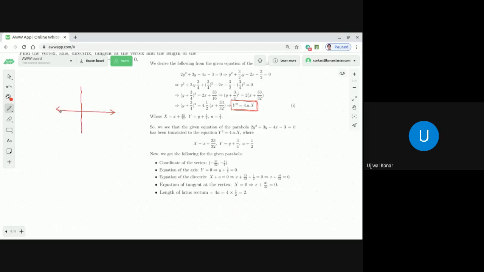As if this is our positive capital X axis, negative X axis, positive Y axis, negative Y axis, and this is the origin, and this is the parabola, correct or not? The tangent at the vertex is nothing but the Y axis, no? And what is the equation of the Y axis? X equal to 0.